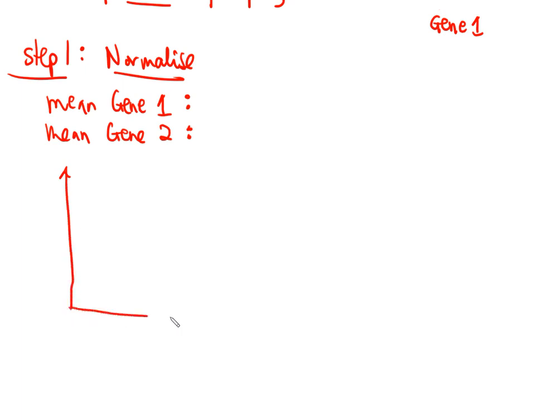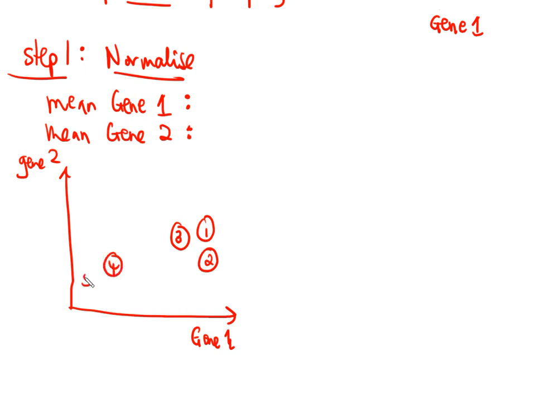We have the data on a plane where this is gene 1 and this is gene 2, and here we had points 3, 1, 2, and 4, 5, 6. So when we calculate the means, what is the mean for gene 1? Let's just say it is somewhere here, and here is the mean for gene 2.